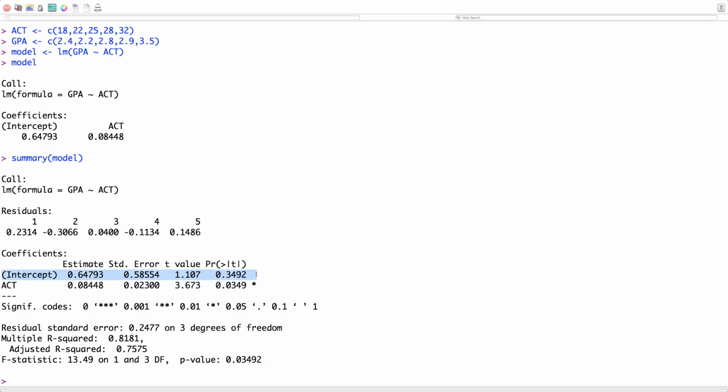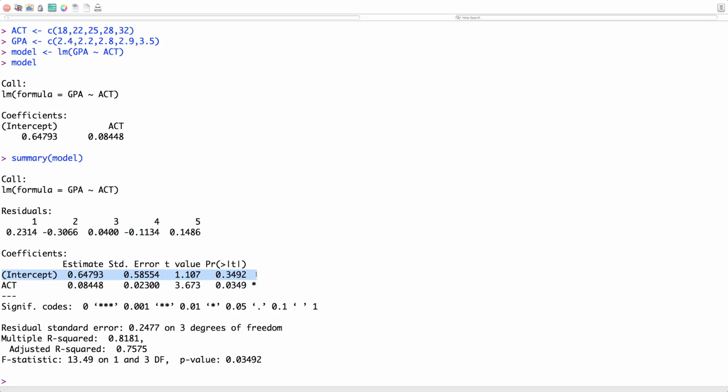Notice our test statistic is the t-value, which is 1.107. And notice that we have a p-value, and I'm writing this down, 0.3492. So our intercept is not statistically significant.